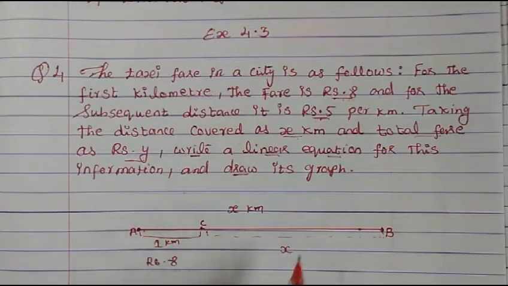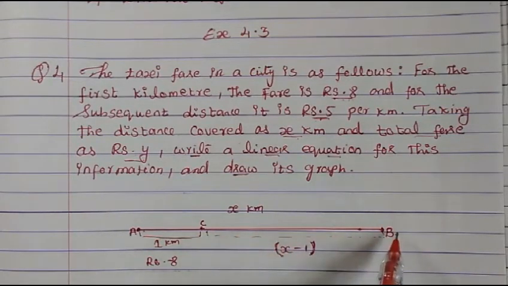So from x we minus the first kilometer, 1 kilometer. Then the remaining will be x minus 1 kilometers.